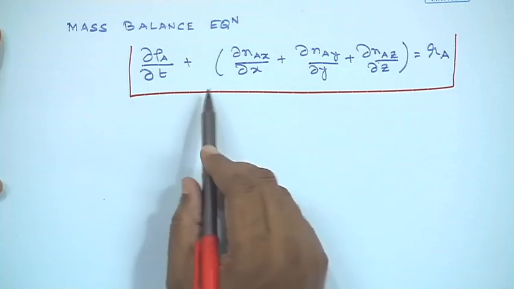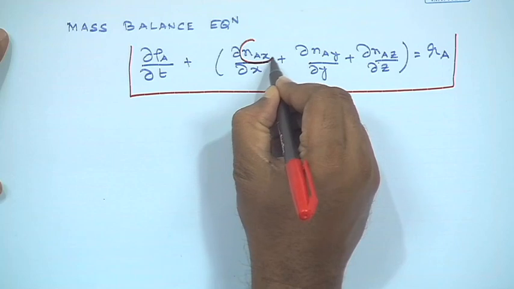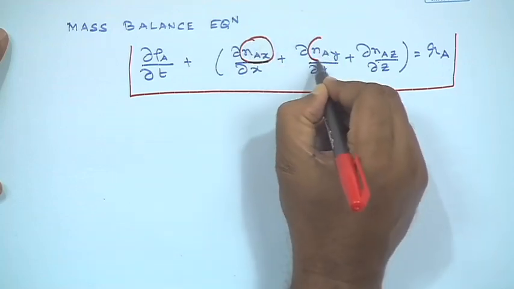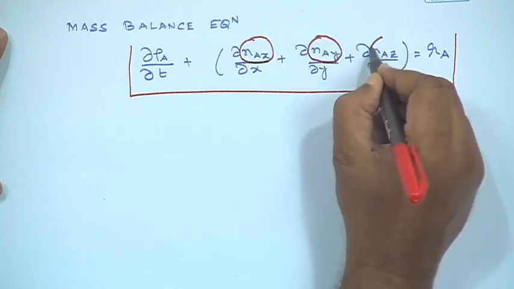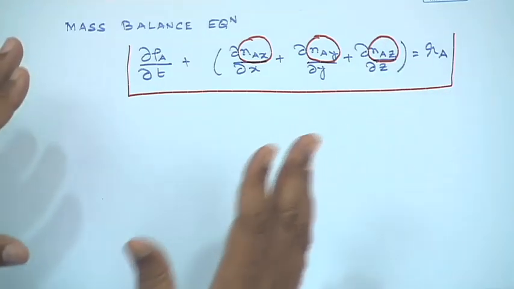So, in the next part of the class, I am going to substitute the appropriate expressions for N_Ax, N_Ay and N_Az, and then see how a compact expression for the variation of the species concentration inside a volume at a point fixed in space can be obtained in terms of all these inflow terms and the reaction terms.